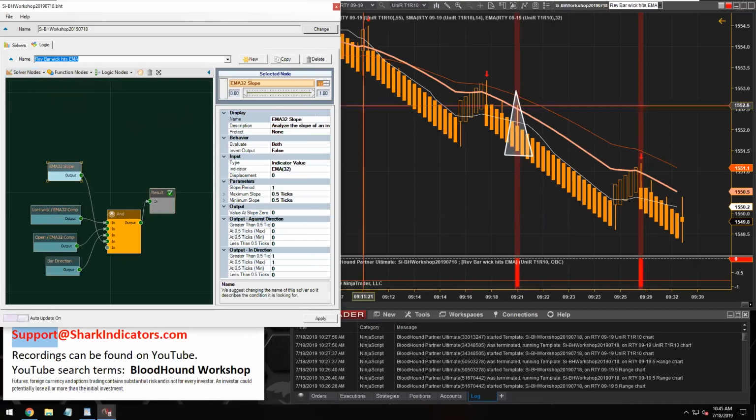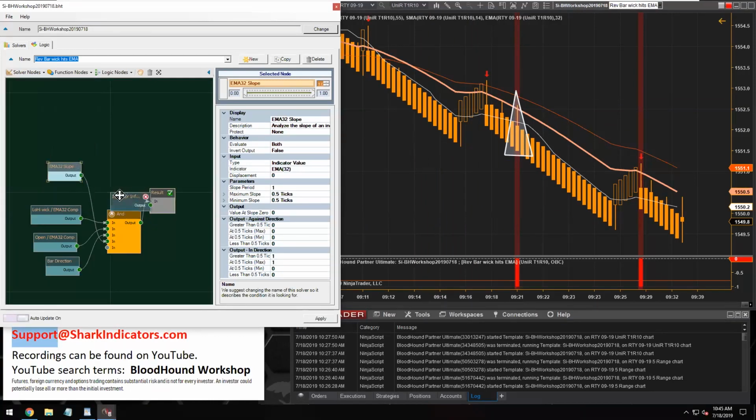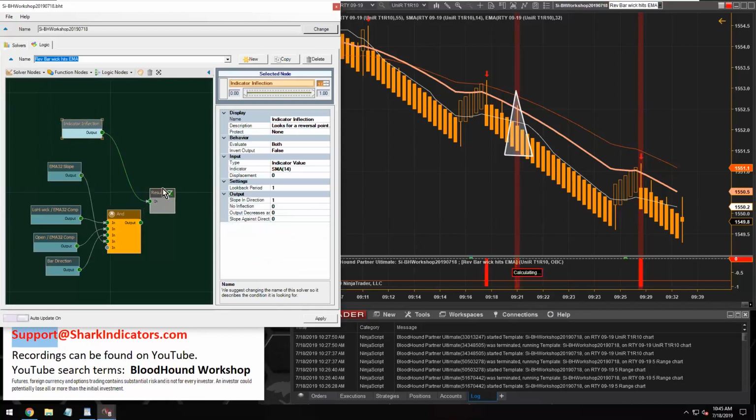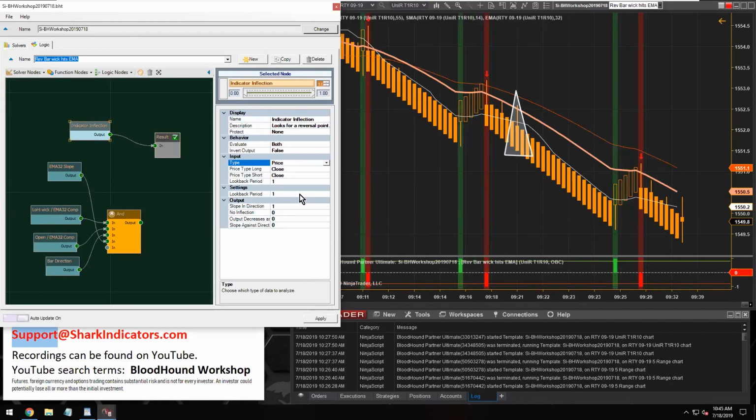Well, finding reversal bars on renkos is really easy. We can take an inflection solver. So we can grab this inflection solver and let's connect it in here so we can see what we're doing, and simply set the input type to price.